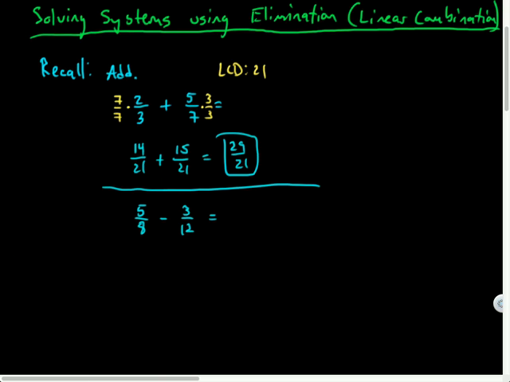Now in the first example, I just want to point out that we found the LCD by multiplying each denominator by the other denominator. The 7 was multiplied by 3 and the 3 by 7. But that's not just where those numbers come from. Technically, you could multiply this by 12/12 and this by 8/8, and you'll get a common denominator, but it won't be the least common denominator.